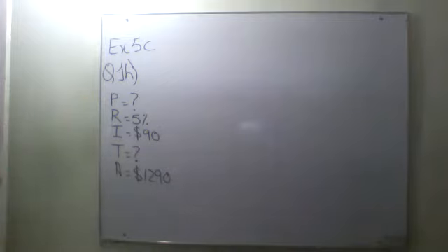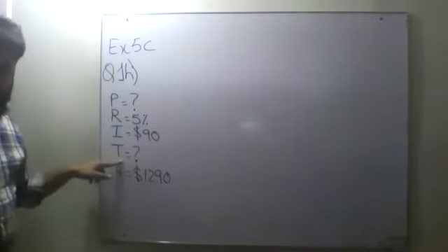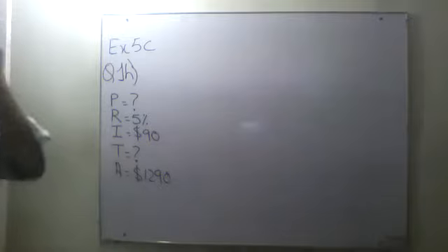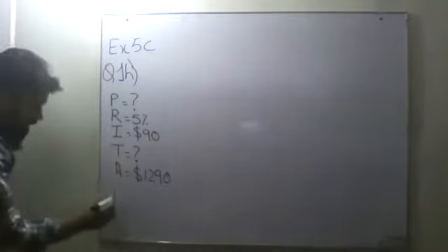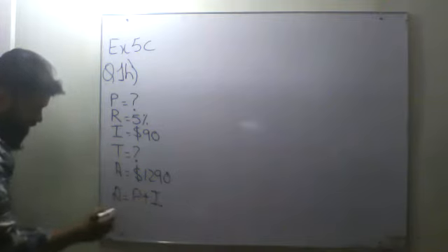What are the formulas for principal? One is I equals PRT. I can use this one, but the problem is that T is also missing. So I can't use the formula I equals PRT. But there is another formula, A equals P plus I. Okay, so I will be shifted over here.